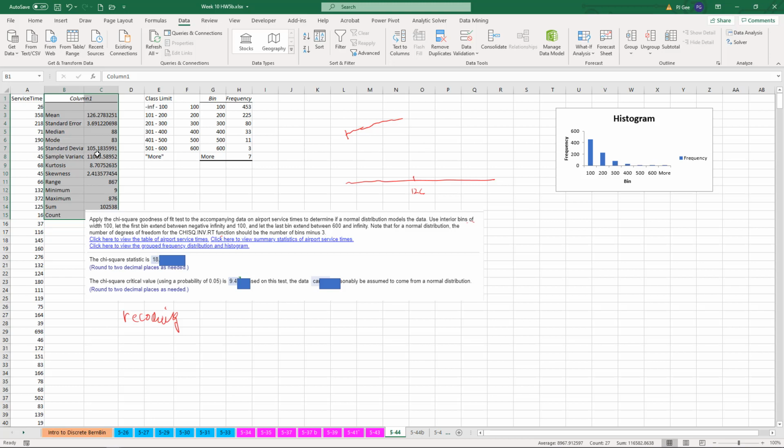So 126 minus 105, you're way out here at 11. This is weird. Your standard deviation is almost as big as your mean. If your mean was 126, you'd think about 12, 10% of your mean might be your standard deviation, not almost 100%. So something is not right here, but we already knew that.